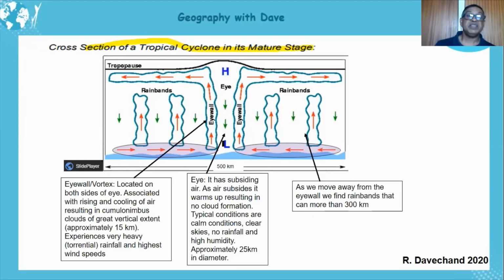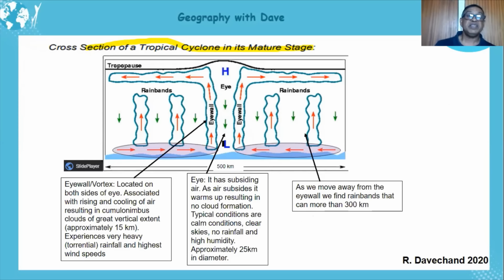Air is rising. It's creating a bit of a high pressure in the upper part of it, and of course the low pressure here because air is rising from here. So let's look at this. The eye wall or vortex is located on both sides of the eye. There's the eye here.